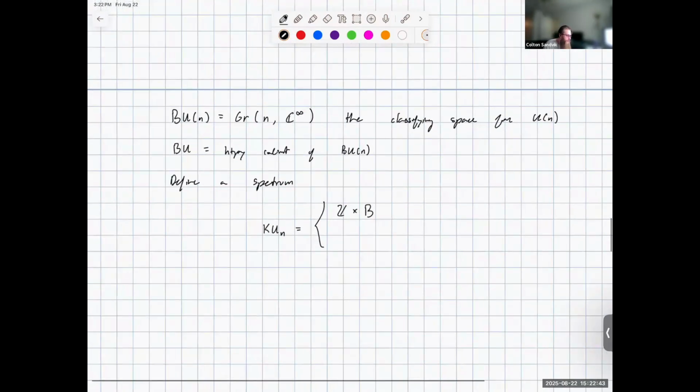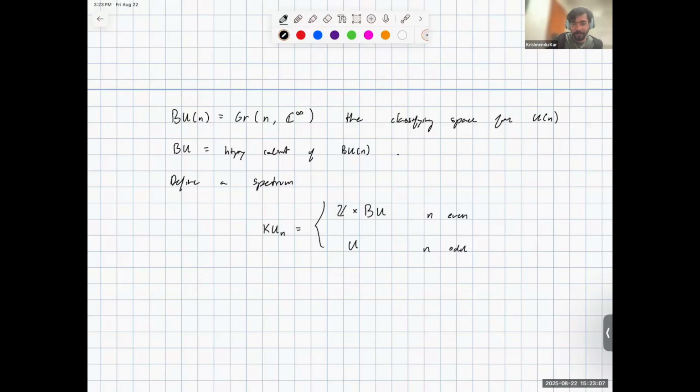Okay, now I can define a spectrum which in even degrees just looks like Z cross BU, and in odd degrees it just looks like U. Yes, it has to be U. I want U to be the homotopy colimit, because the loop space of BU will give you U back.